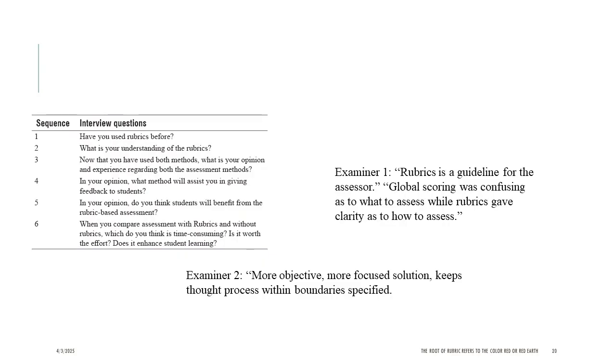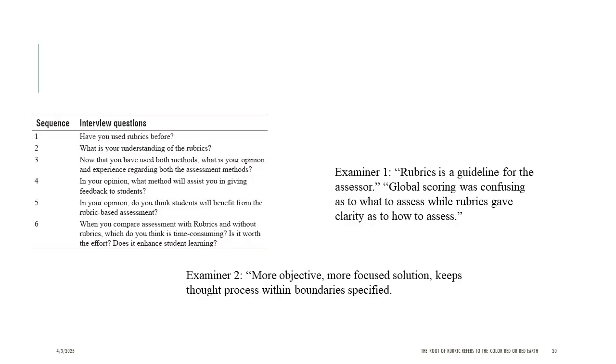How did they do this? They did it with interview questions, and they came out with a conclusion. They had examiner one and examiner two, and they had certain questions. Examiner one gave the conclusion: rubrics are a guideline for the assessor.